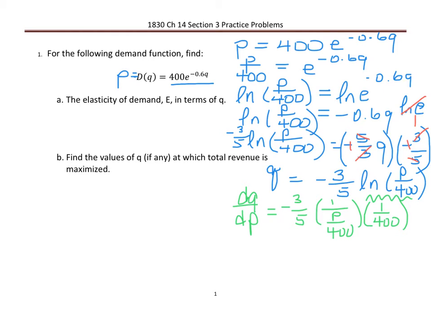So now we need a little bit of algebra magic. And so for that algebra magic, what we need to do is realize that 1 divided by p over 400 is the same as 1 times 400 over p.